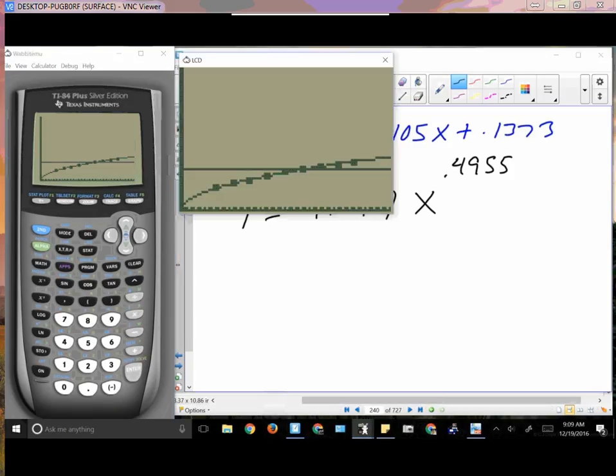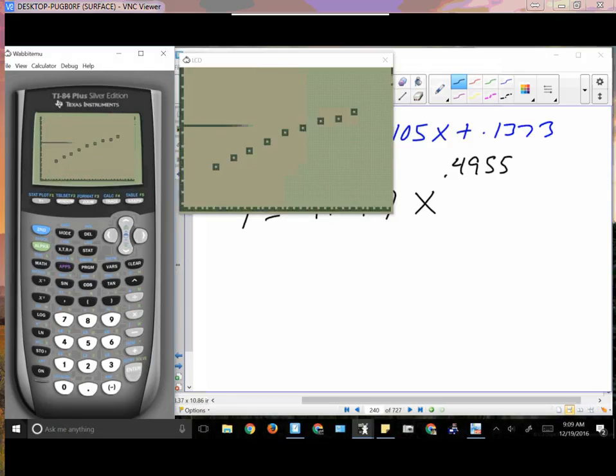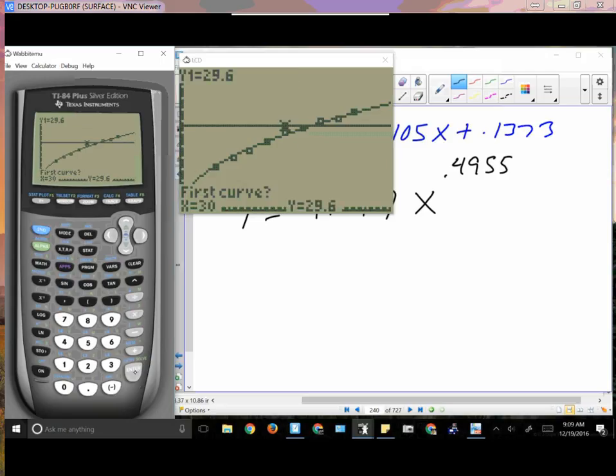We got that there. Now, since we're dealing with things that are on the low side, would it make sense for me to say, you know what, I'm going to go up to 50 here, change it out so that I can see a little bit more definition of my graph? Is that realistic to do? It's definitely. So, I go and hit second trace, 5. Make sure that I am on the data. First curve, yep. Second curve, yep.